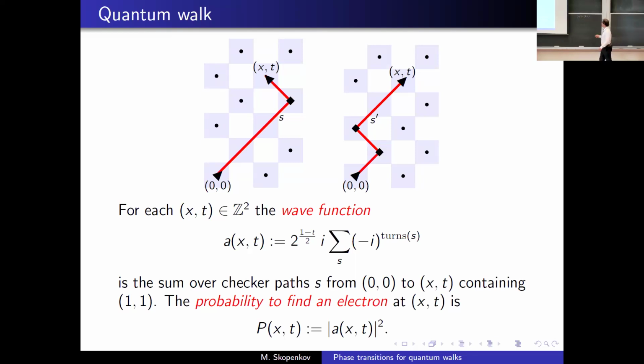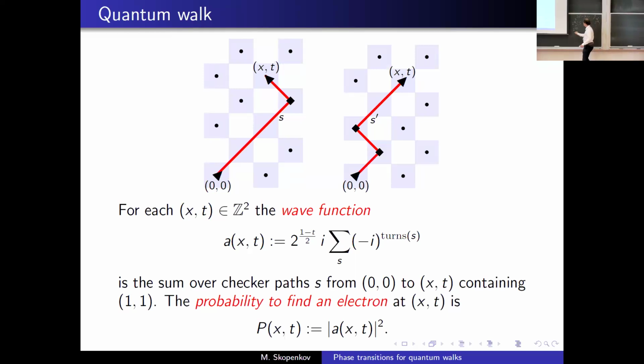The left path S contributes the following number, which simplifies to just this. The right path S prime has two turns now. That means that it contributes the following number with a minus sign in front. We have also a third path looking like this that has the same contribution.